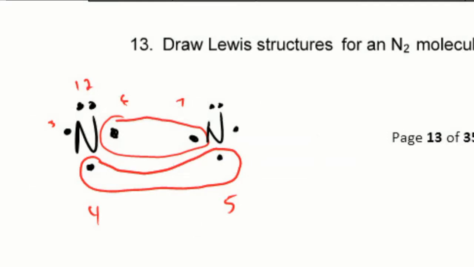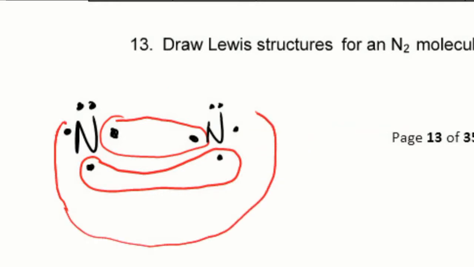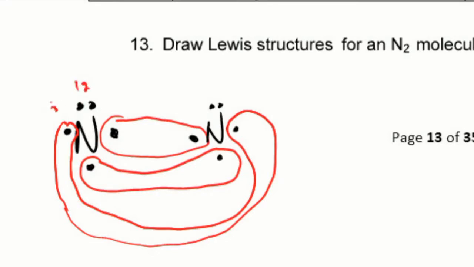Nope, that's not 8 yet, so it's still not happy. What if nitrogen now shared that last electron? Does that work? Let's count. We got 1, 2, 3, 4, 5, 6, 7, 8. So that nitrogen's happy because it has 8 electrons.